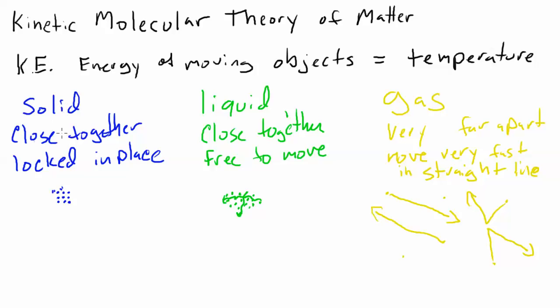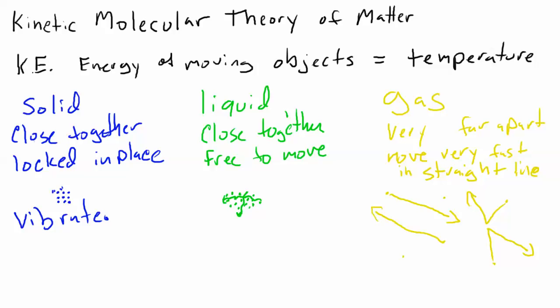So just to review, solid: the particles are very close together, whether they're molecules or atoms, and they're locked in place. So basically all they're doing is wiggling, vibrating. The liquid particles are again close together, but they're free to move around, so they just randomly move past each other.